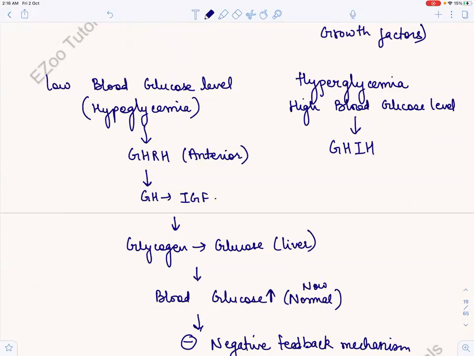And it inhibits the secretion of what? It inhibits the secretion of growth hormone, and a low level of growth hormone और IGF से क्या होगा? The rate of glycogen breakdown in liver and glucose enters the blood more slowly.